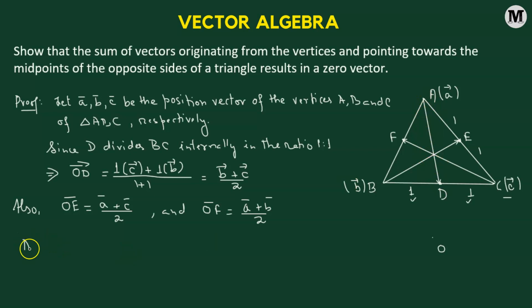AD vector will be defined as OD vector minus OA vector. Now what is OD vector? OD vector is B vector plus C vector divided by 2, minus A vector, that's going to give us B vector plus C vector minus 2 times A vector, all divided by 2.